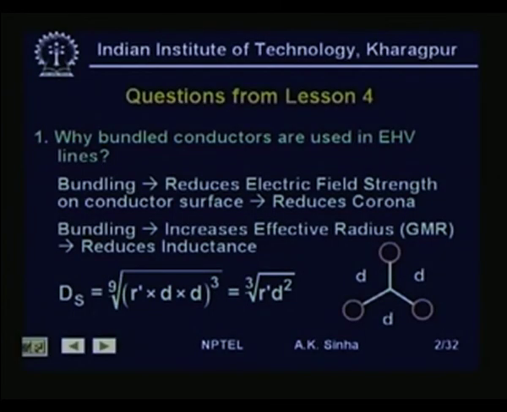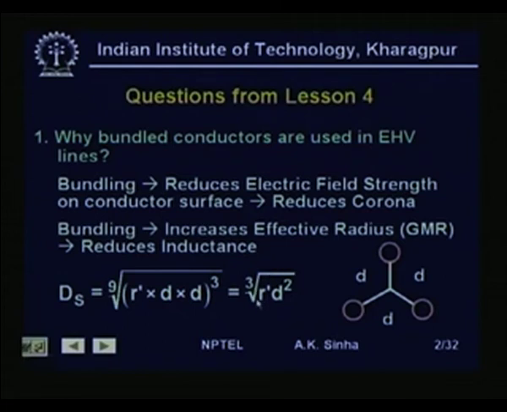As seen from here, the effective radius for a 3-conductor bundle, which are spaced at a distance d from each other with a radius r dash, is given by 9th root of r dash into d whole cube, which is equal to cube root of r dash d square.